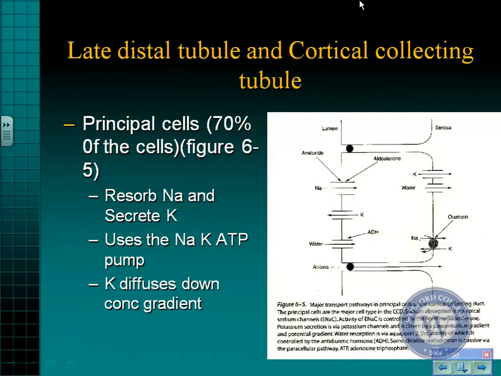It also helps retain water using ADH through that system. But aldosterone basically inhibits sodium reabsorption here, and as a consequence, that person will begin to diurese. So aldosterone works mostly in principal cells.